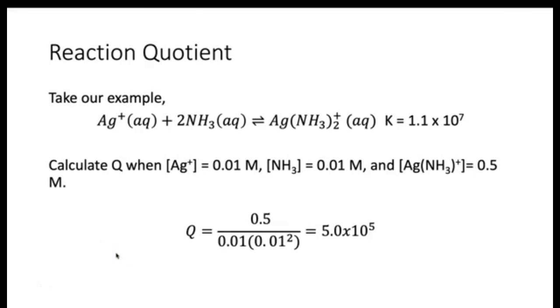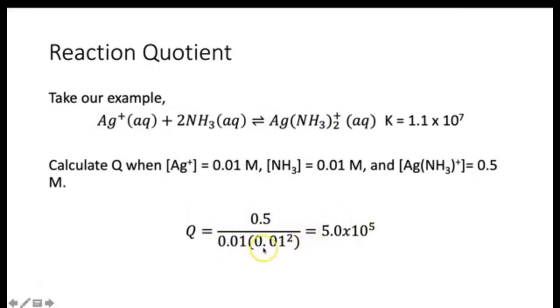And so we plug in, our Q is the same form as K, so it's going to be the products to the stoichiometric coefficient, so that was 0.5. Now we're dividing out our molar because we're dividing out the standard state. I'm not showing that step, but it's there. And then we have our silver, 0.01, and our ammonia, 0.01 squared.